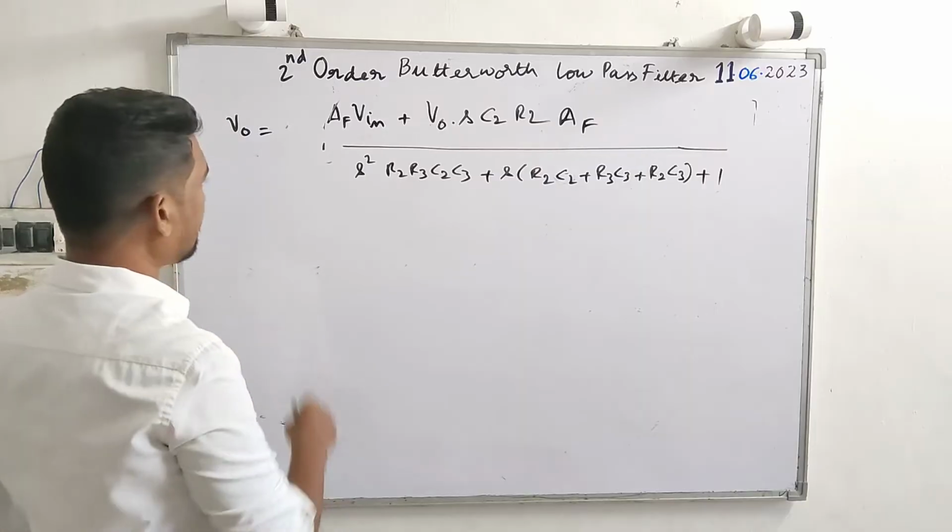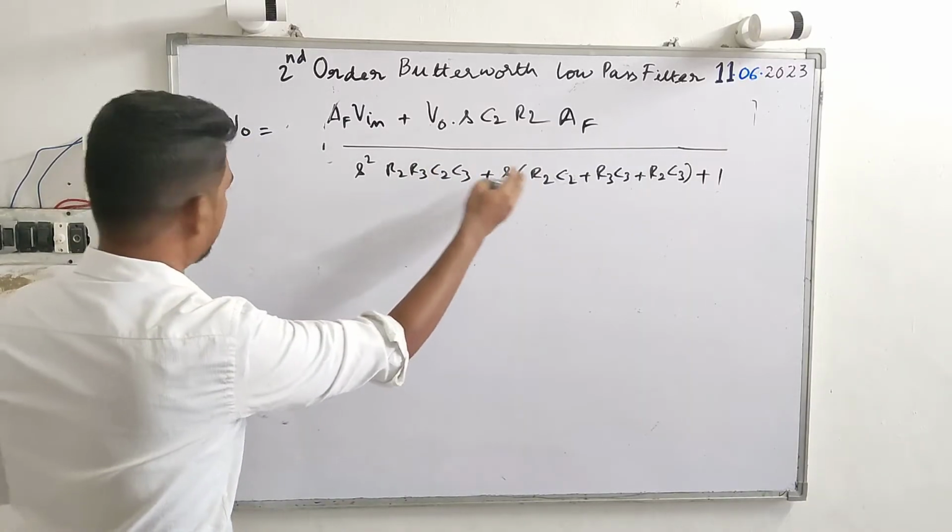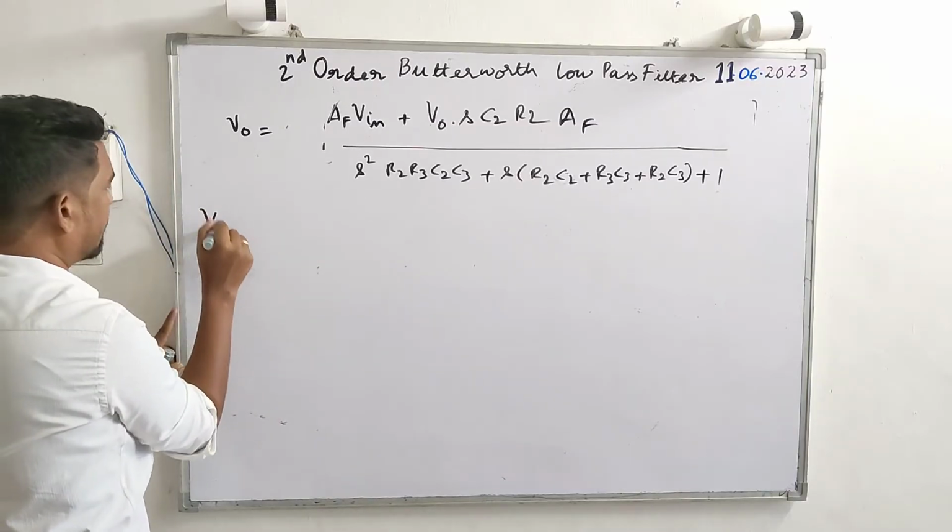And here we have V naught over here and pulling this V naught to this side. So what do we have? V naught as it is.